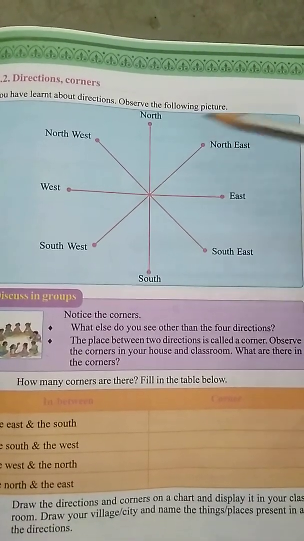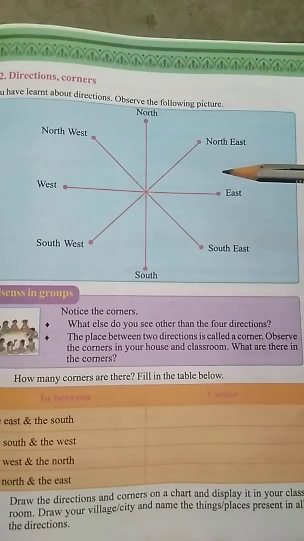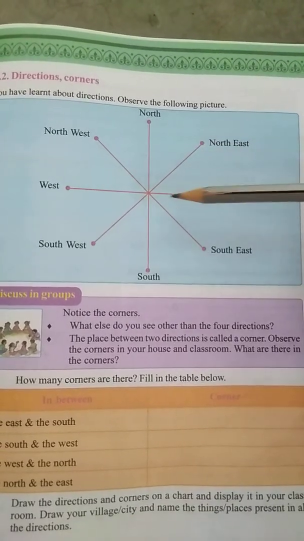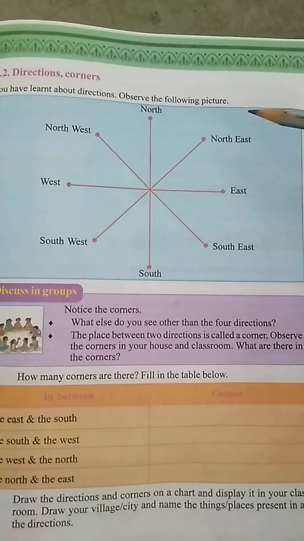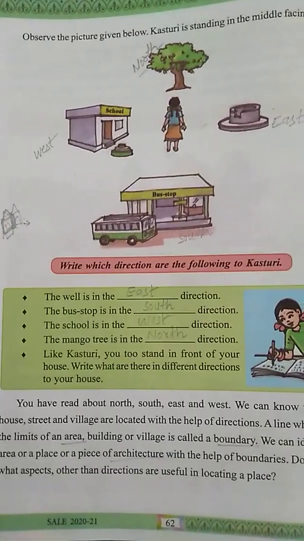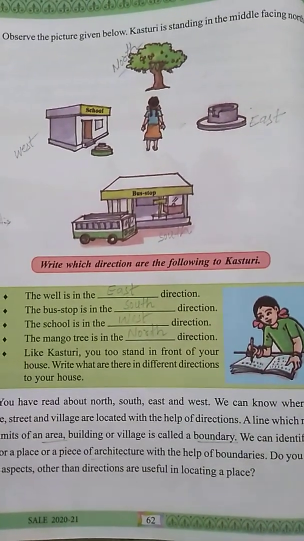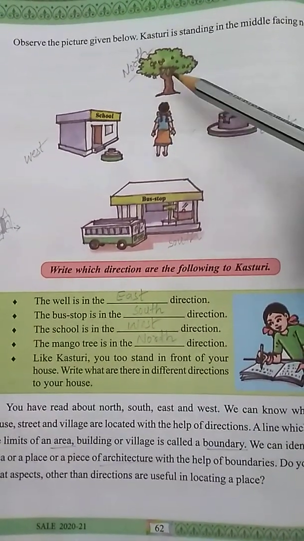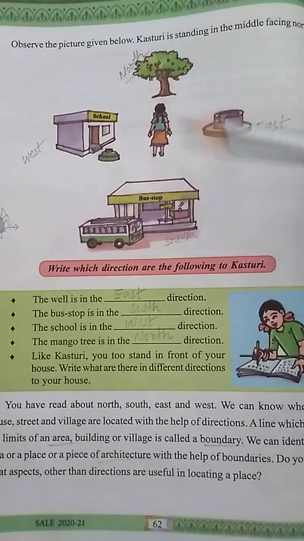But don't get confused by seeing this picture. I'll explain what these are again. Yesterday we also saw on page number 62 one girl who stood facing towards the north.